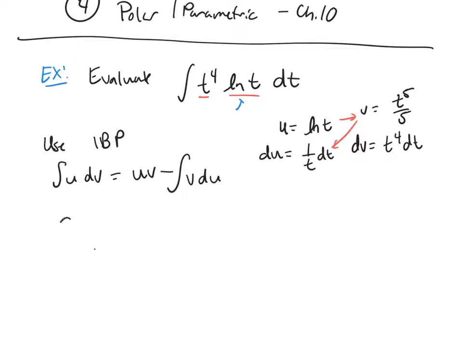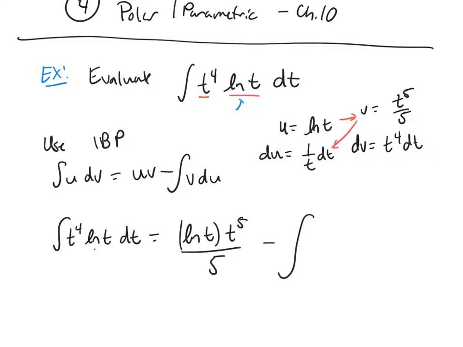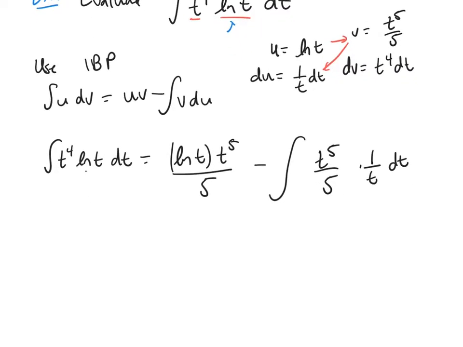So the integral that we were given, you multiply across, so ln of t times t to the 5th over 5 minus the integral, and then diagonally down. Okay, and now we're going to simplify.